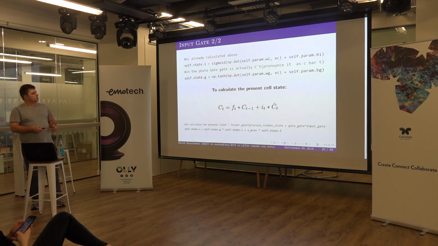So to calculate the present state, as I said, we use forget gate, FT, a state from the previous cell, and input gate, what we want to add, and the G gate.